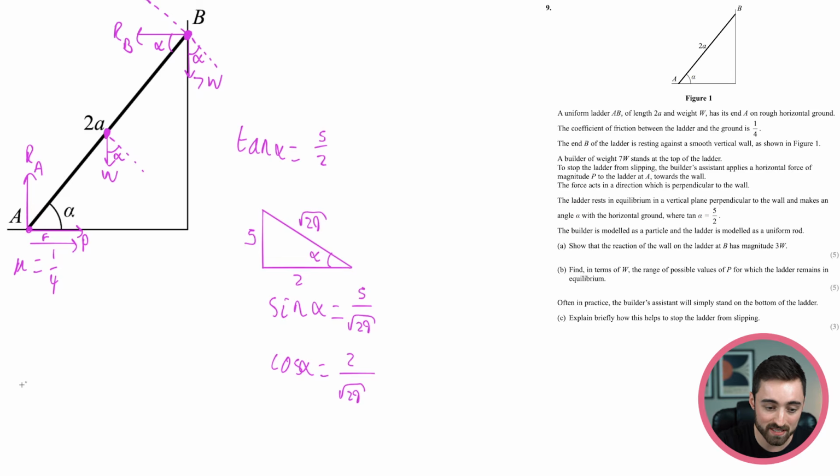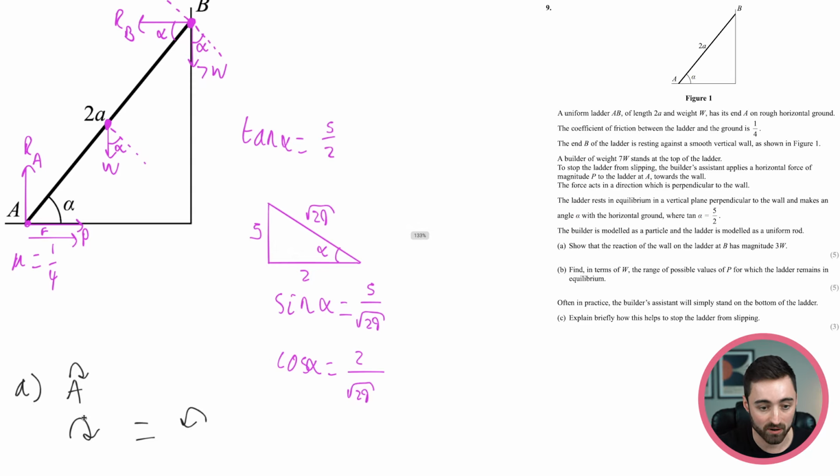So if I was to take moments about A, here's what's going to happen. I'm going to have to balance this force and this force. They're the only 3 forces that will be in the equation. And it's going to be the total of things trying to rotate it this way. Everything trying to rotate it that way is going to be balanced by everything trying to rotate it the other way.